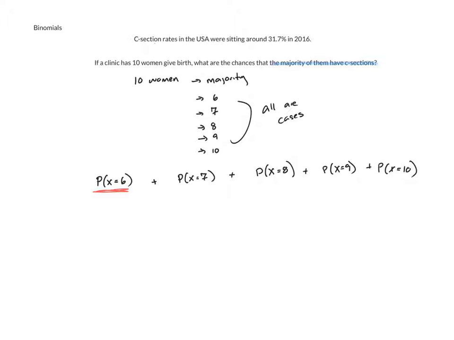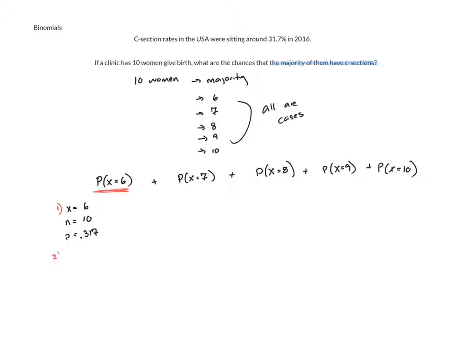So, to begin, we'll go ahead and look at the probability that we have exactly 6 women give birth via C-section. So, for this one, we'll go ahead and list out X, N, and P. In this case, I have a total of 10 women. 6 of them should be having a C-section, and the probability someone has a C-section is 0.317.